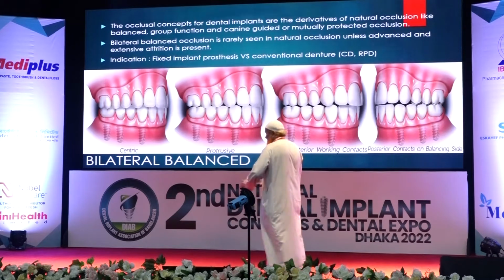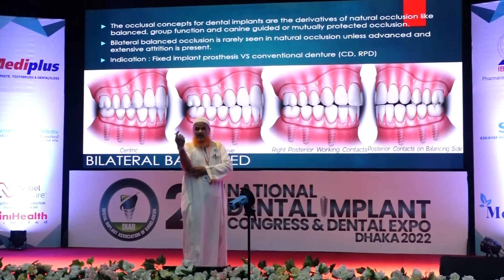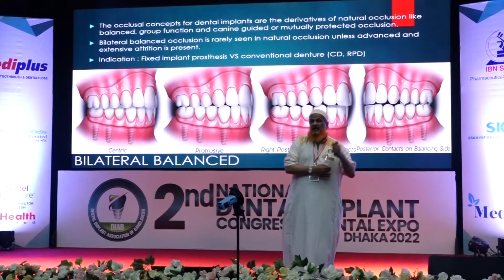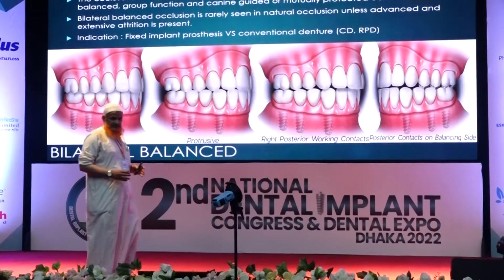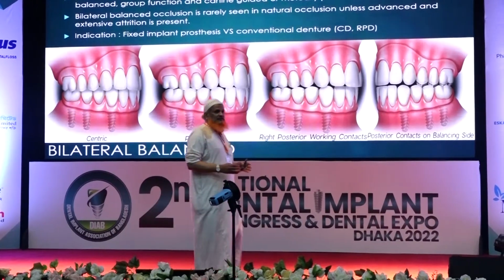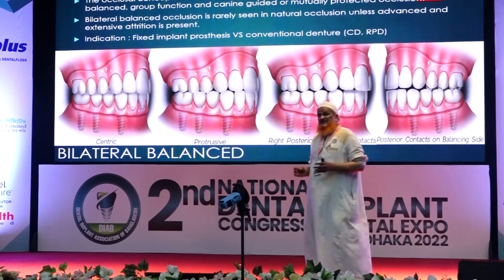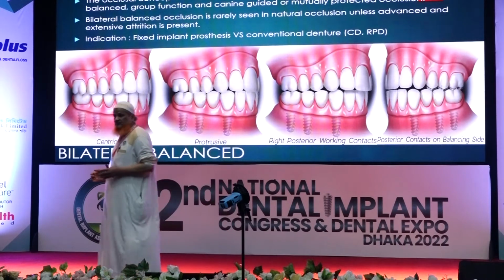And now, and last, I will take only 5 minutes to finish this lecture, inshallah. So now I am going to say something about the occlusal scheme for the full arch rehabilitation, which may be done by the fixed partial denture, which may be done by the implant supported overdenture.